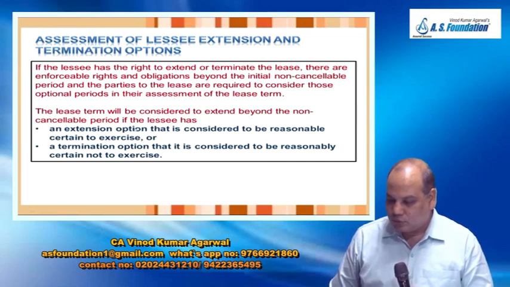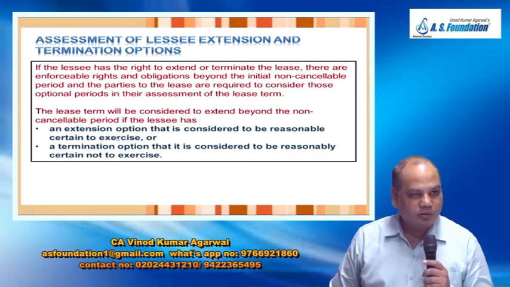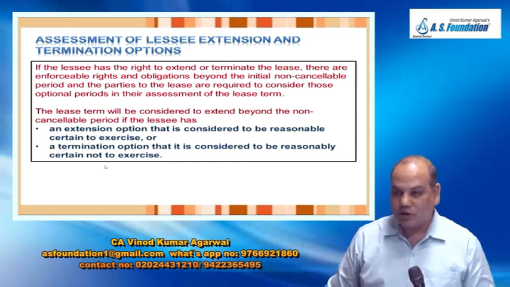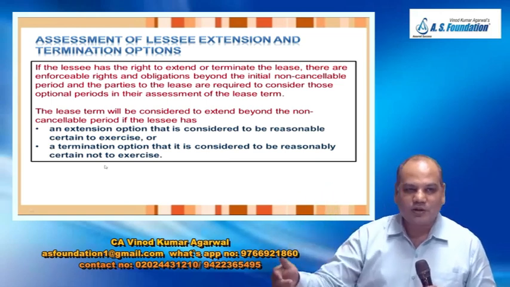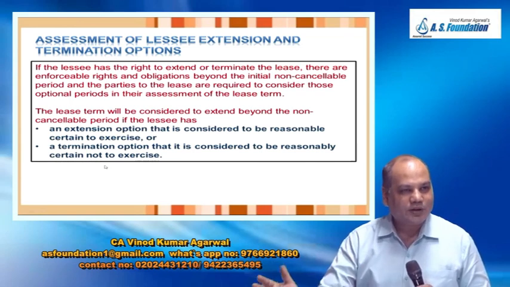Only what you have to see is that there is a reasonable certainty that the option will be exercised in case of extension option, and there is a reasonable certainty that the option will not be exercised in the case of termination option.